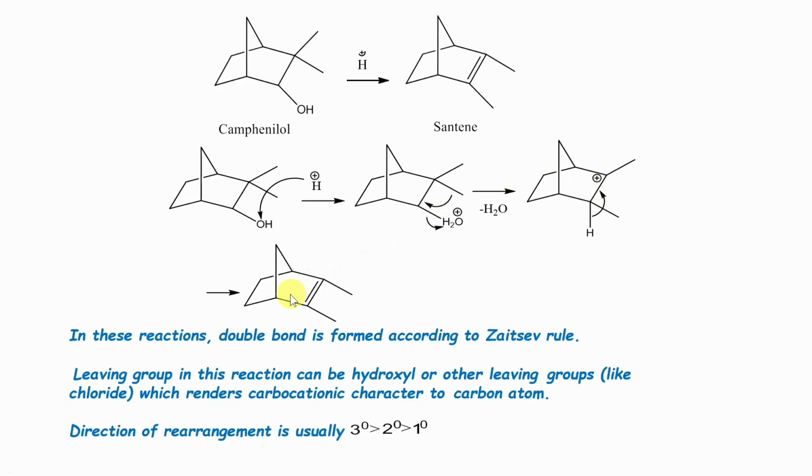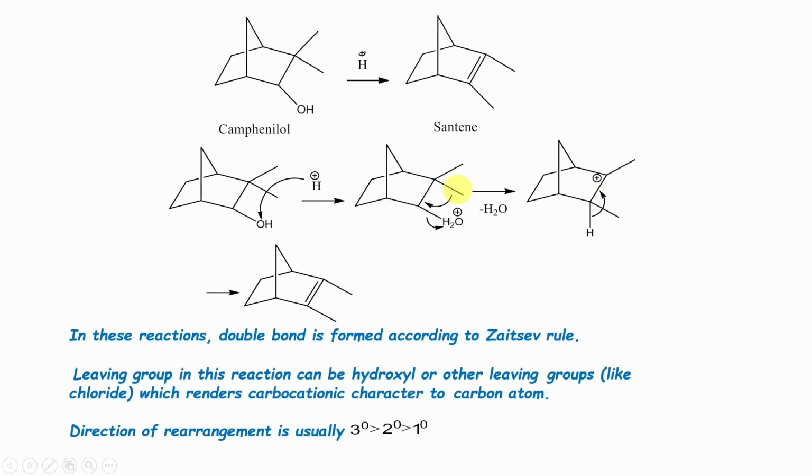Okay, usually the direction of rearrangement is to form a more stable carbocation, that is tertiary. If there is a chance for formation of a tertiary carbocation, it will form predominantly over secondary, and the secondary is formed more predominantly than primary carbocation.